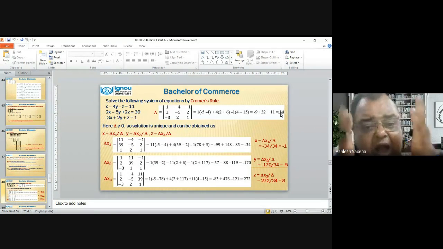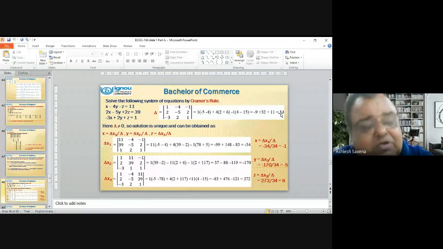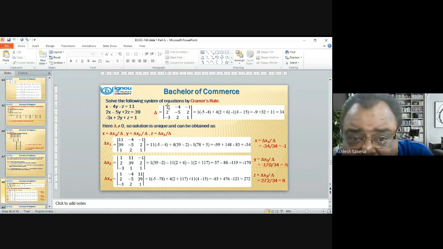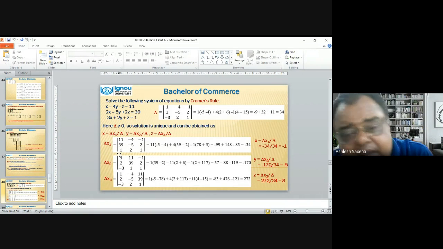Now, how can that unique solution be calculated? I told you for delta x1, replace this column by these values. You can see over here, 1 has been replaced by 11, 2 has been replaced by 39, and minus 3 has been replaced by 1. We will be performing the same exercise we performed over here.